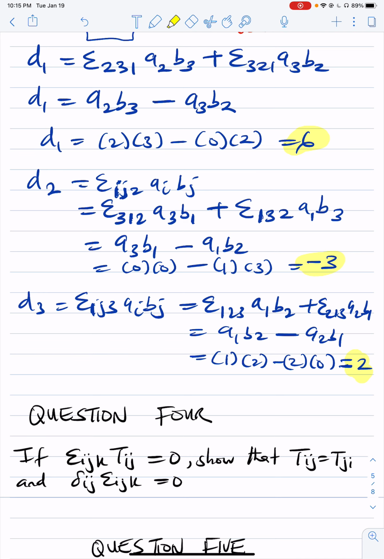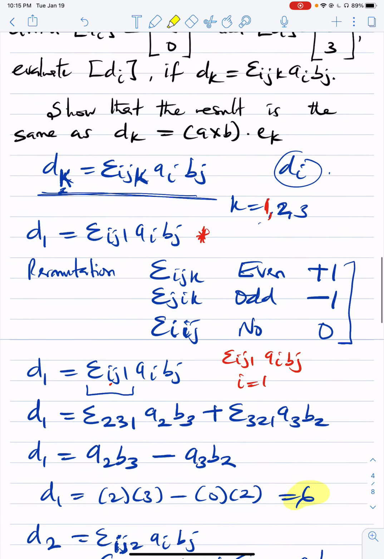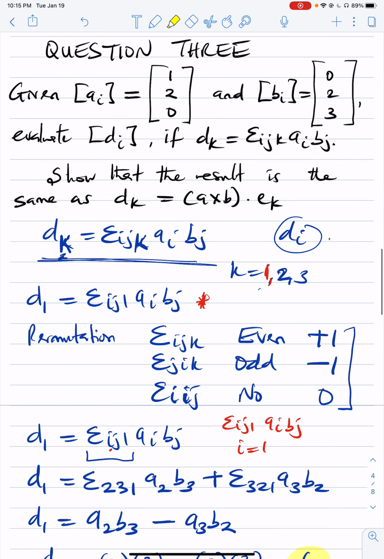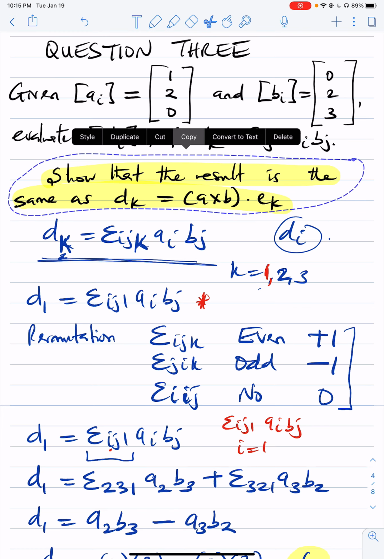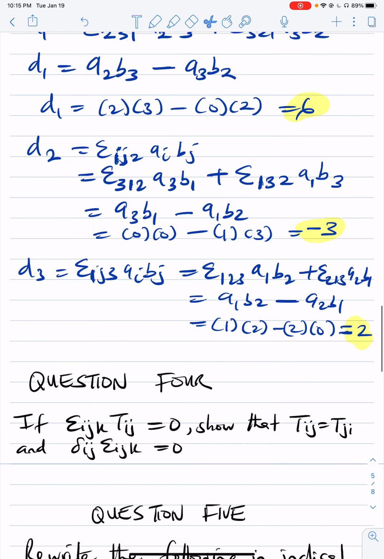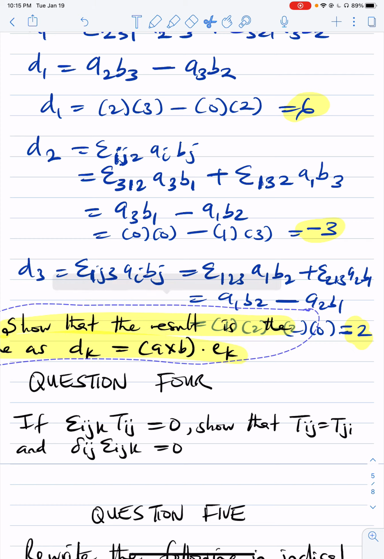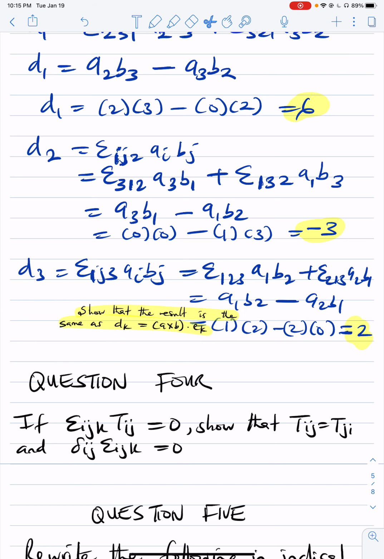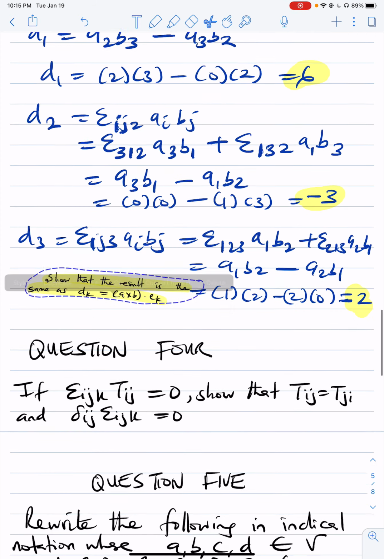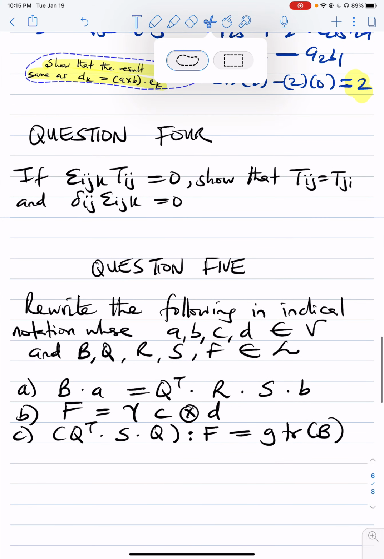Does this make sense? Okay. So the second part of the question says show that the result is the same as this. Let's make some room.